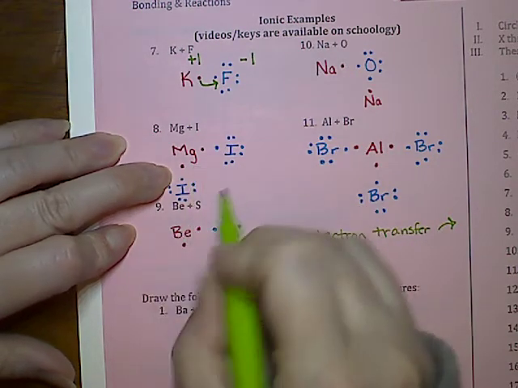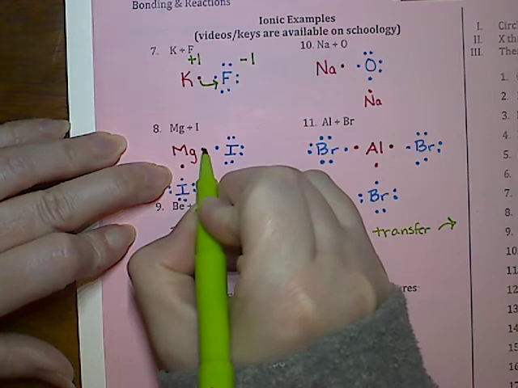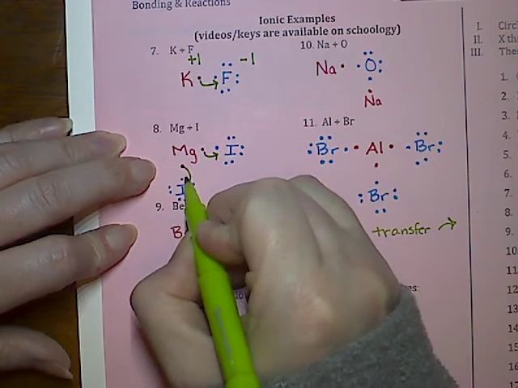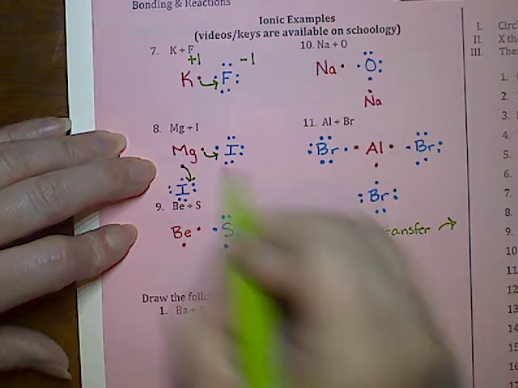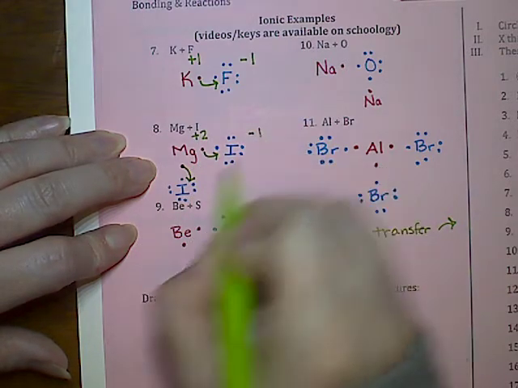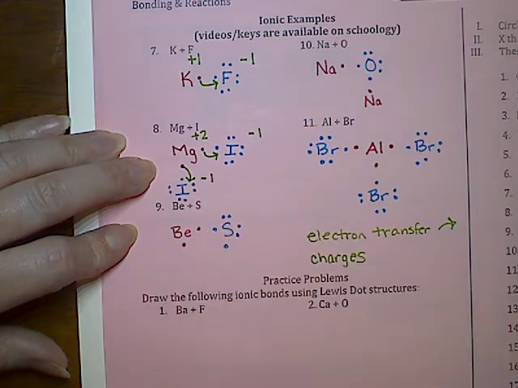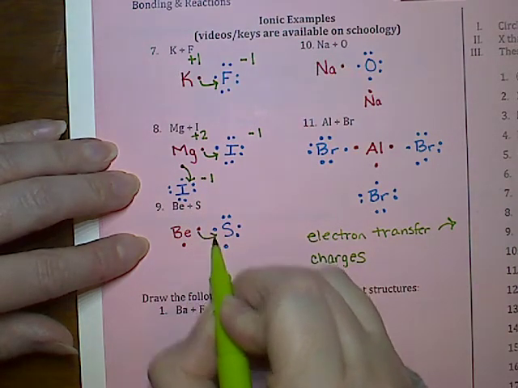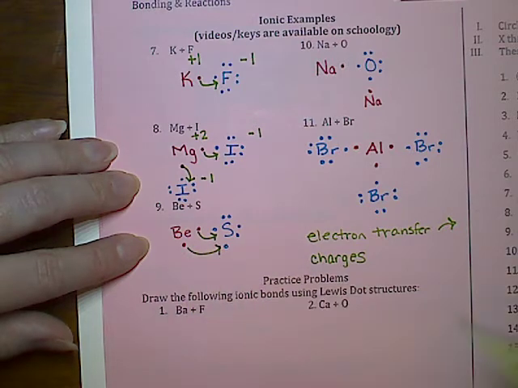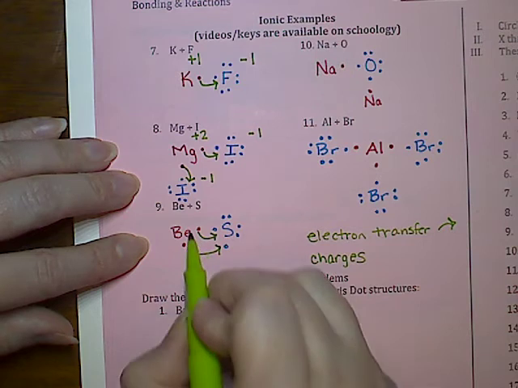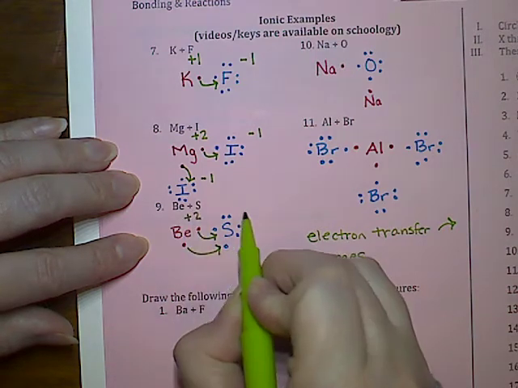Magnesium has 2 electrons. It's going to give 1 to this iodine and 1 to the other iodine, giving it a +2. Each iodine will get a -1 charge. Beryllium will give up to sulfur. So sulfur can take 2, beryllium can give 2, a +2 and a -2.